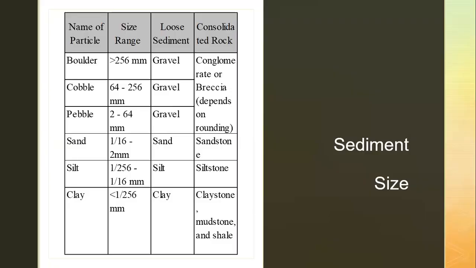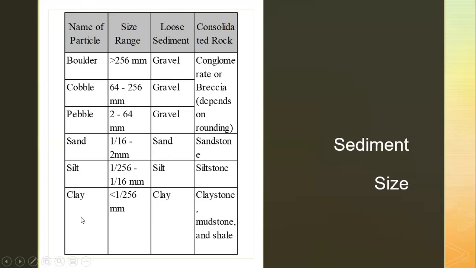And the reason this is important is because another thing you guys are going to be looking at when classifying these sedimentary rocks is something called sediment size. So these are the different types of sizes you can have of these grains, if you will, of these sediments in the rock. And it goes from small to big.